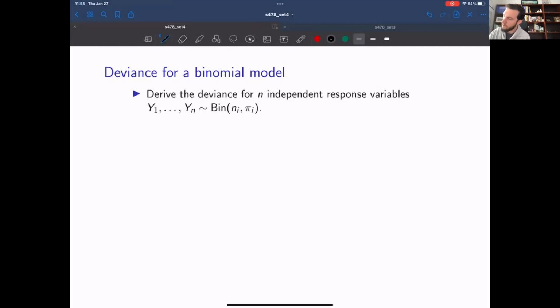Okay, so first, just a reminder that if we're working with a binomial random variable, then our density will be given by n_i choose y_i, pi_i to the y_i, 1 minus pi_i to the n_i minus y_i.